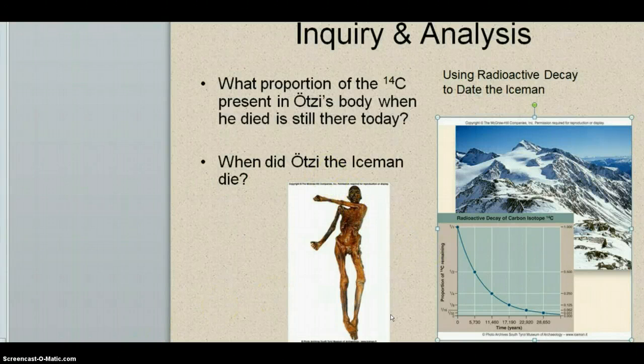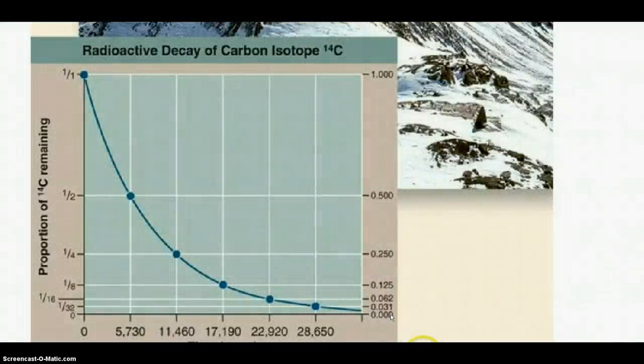Well, in order to figure that out, we'll look at a bigger graph. We would go to the graph and we would extrapolate 0.4. Well, there's 0.5, right? A half is 0.5. 0.4 is right about here.